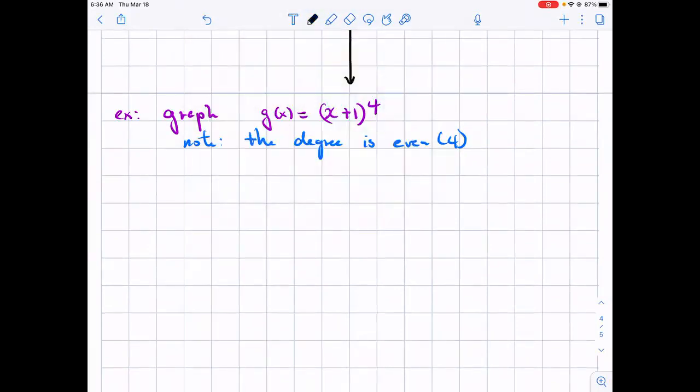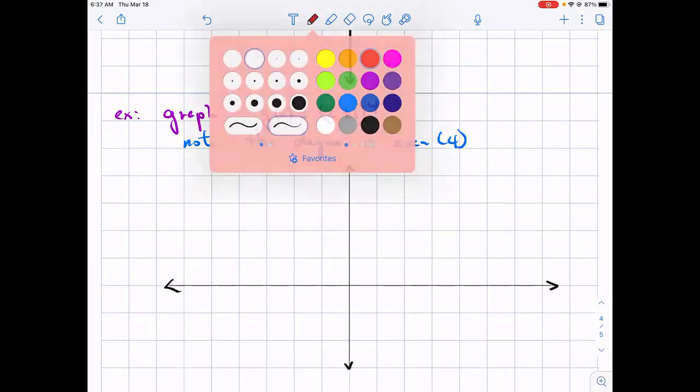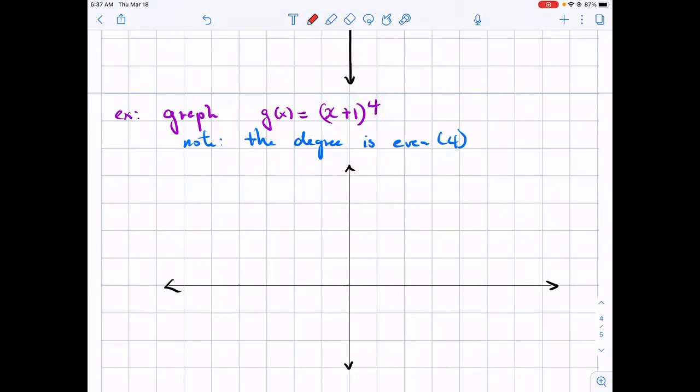And you will notice that if you create a table of values for this graph, you will see that this graph is also moved 1 unit over to the left.